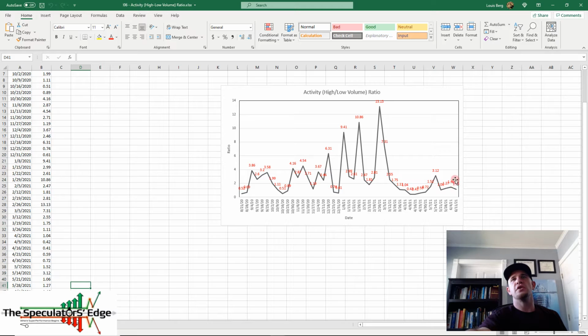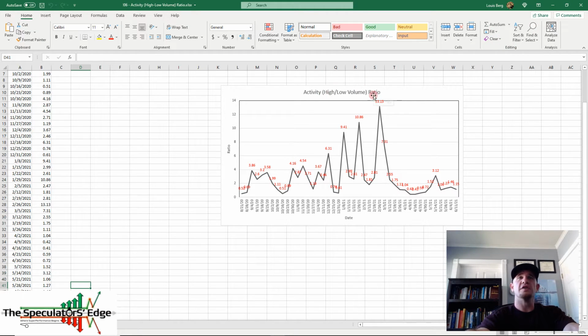So the volatility will pick up. Other than that, today we did have a larger than normal, or let me put it this way, larger than last week volume, high volume. So volatility may be picking up in this case right here. We'll see what happens as the week goes on.